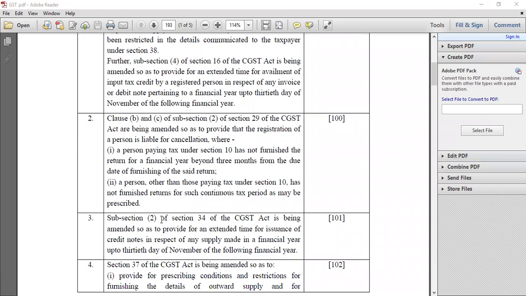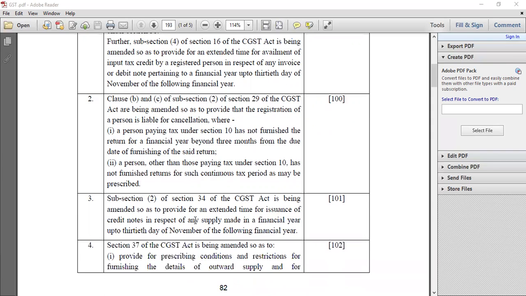Then comes Section 34, Subsection 2 of the GST Act, which is being amended. Section 34 deals with issuance of credit note.